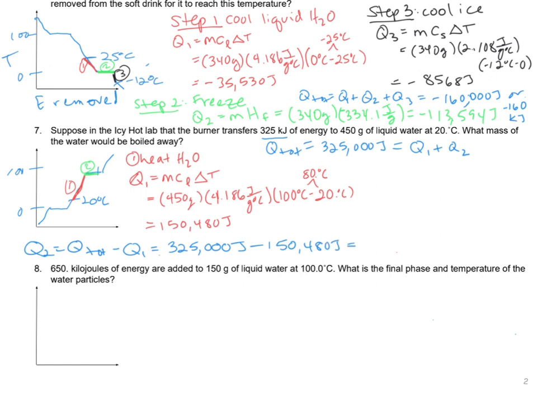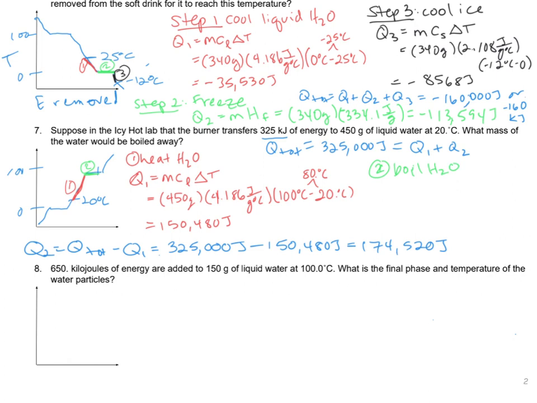And that gives us 174,520 joules. So that is the amount of energy that we'll have to use for Q2. So for step 2, we are going to boil the water.